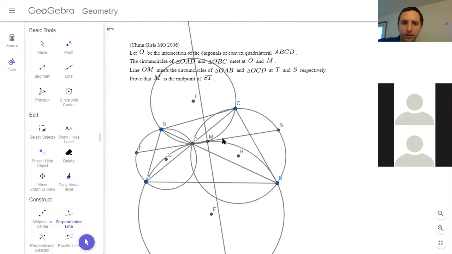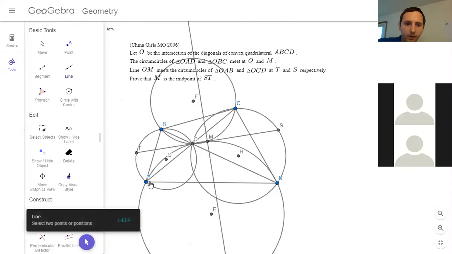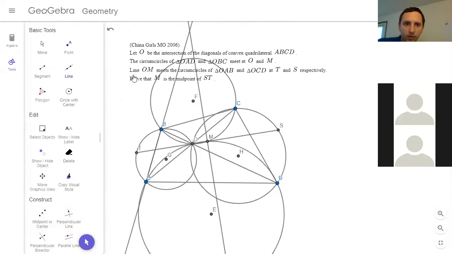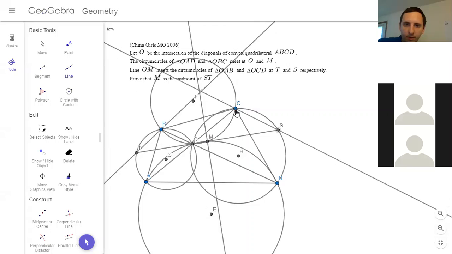Maybe this is concurrent with PB and TS. Can you check it? With A, B, and CD? No, PB and TS. TB. Oh, TB and CS, I'm guessing. No, but it's close.